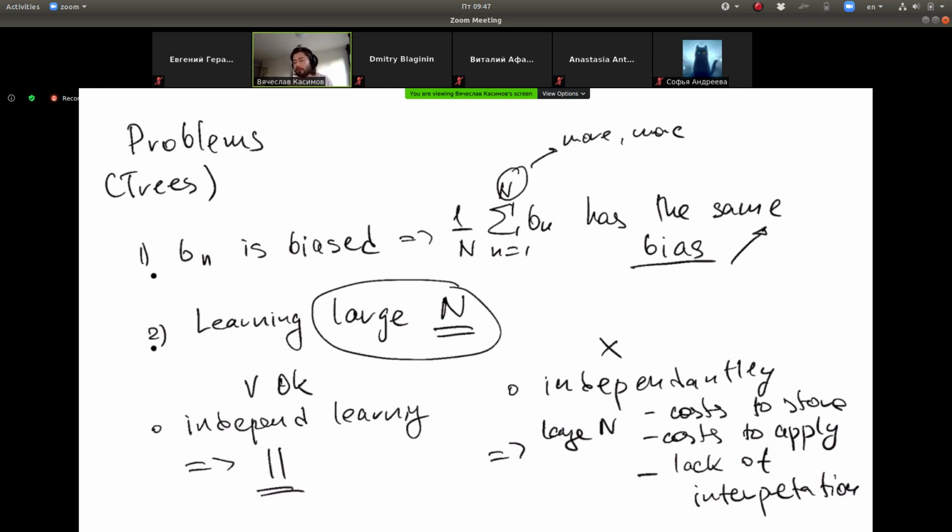But when we have ensembles of about 500 trees, it's not usually possible. So if we could somehow reduce the number of elements in the ensemble, or, another way, reduce the depth of trees in the ensemble, it will be good for interpretation, and also could solve these possible issues of storing and costs of applying.